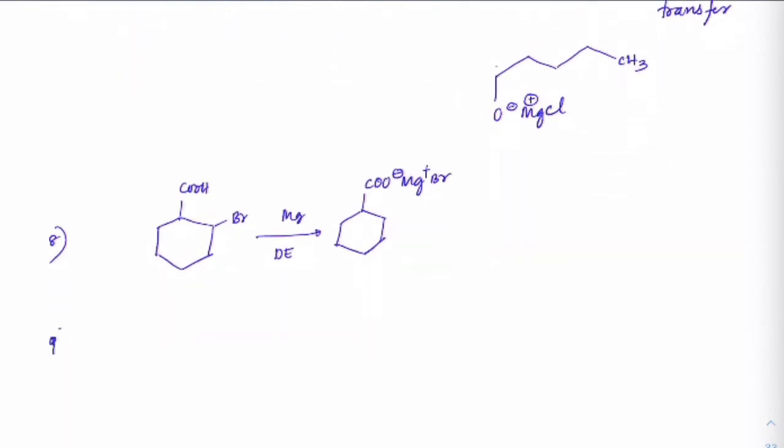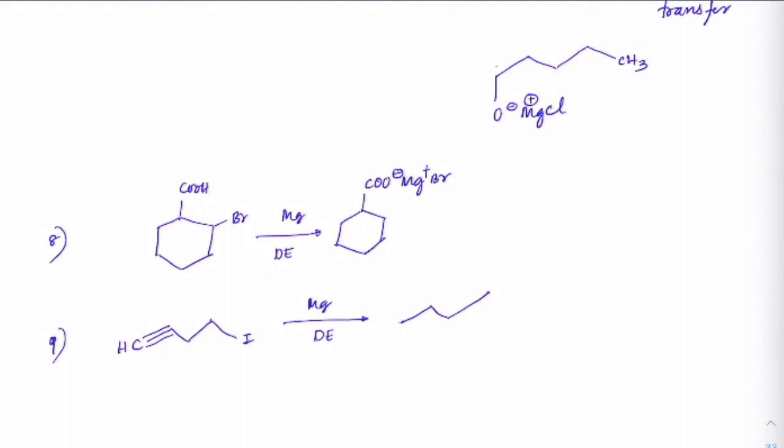Another example: I have a triple bond. Triple bond means it is ending with that acetylide group. If you treat that with magnesium in dry ether, same thing. Carbons 1, 2, 3, 4, there are 4 carbons.